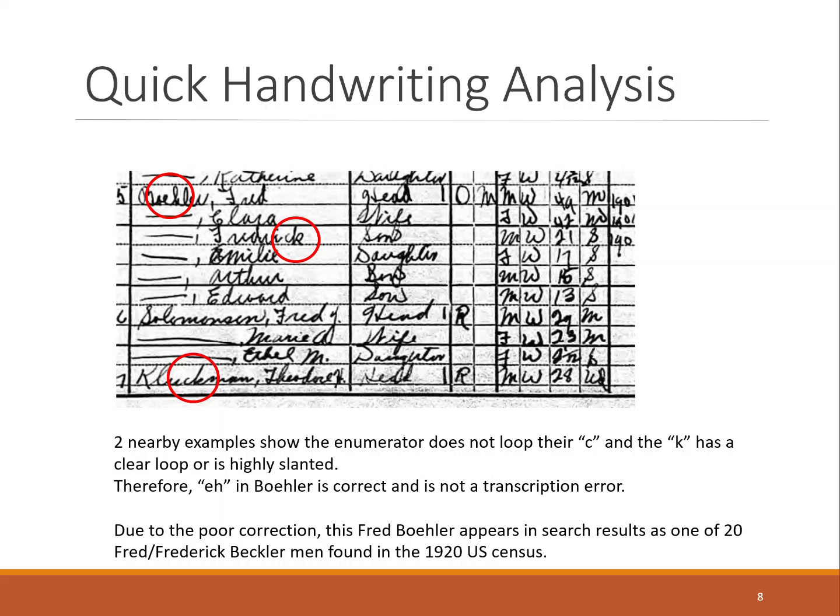And I guess if you squint, you could project that it's that. But we have other examples right here of letters and a CK right nearby that were written by the enumerator.